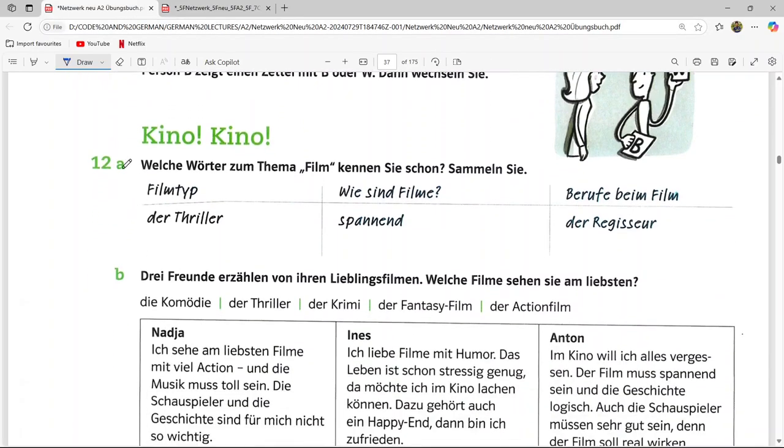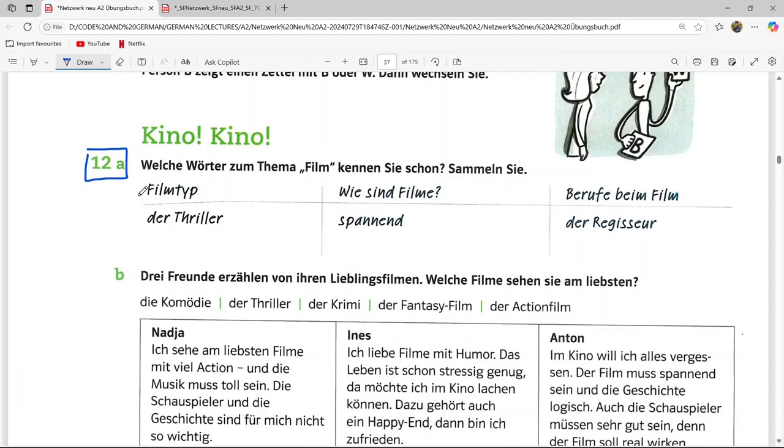Next one is kino. Okay, so task Zolf A. Welche Wörter zum Thema Film? So now we are moving to the topic of film. Kennen Sie schon? So do you know already? So which word from the theme film you know already, you collect with the friends.